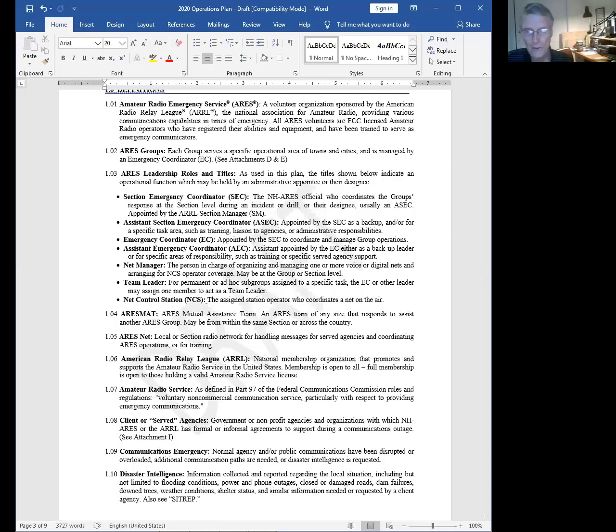So the definitions really didn't change much, except that we had attempted a number of years ago to create some temporary titles that reflected what they use in the incident command system. So we had ARES communications officer and other things like that, who are basically stand-ins for the positions normally held.